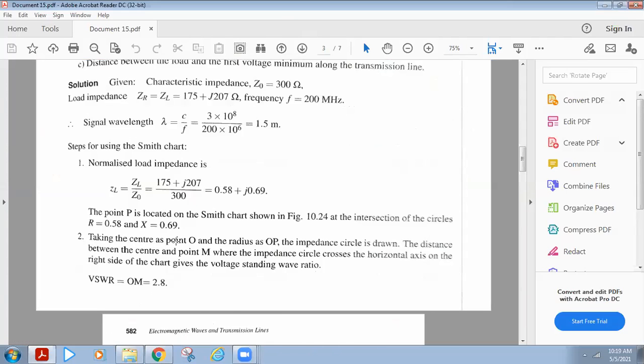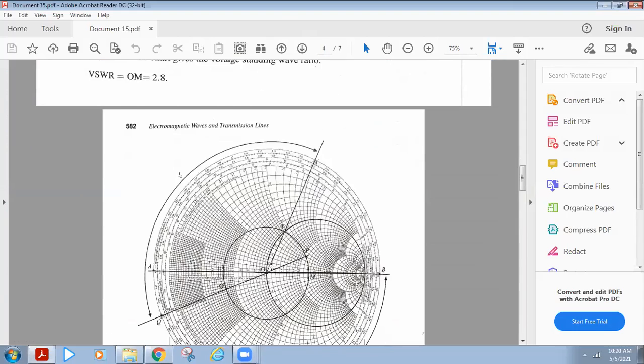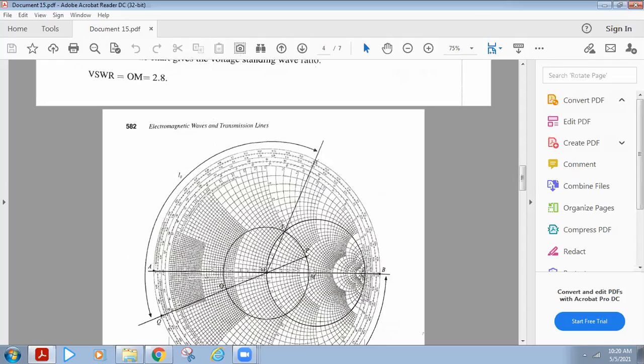Taking the center as a point O, the radius of that circle is OP.